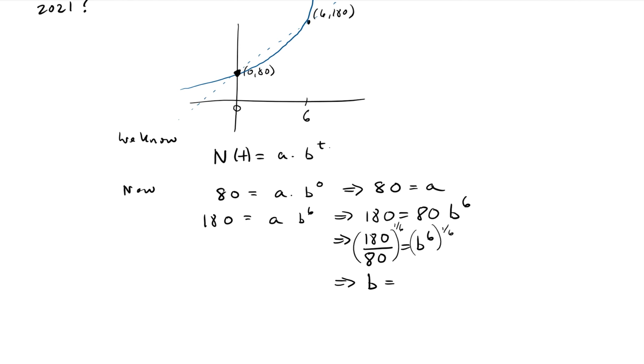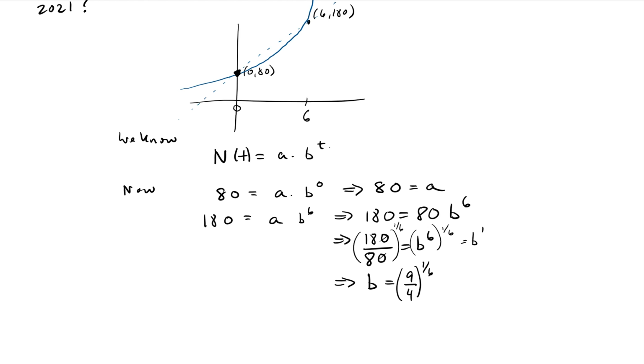So b to the 6 to the 1/6, that's going to be b to the 1, b. Okay, so b is going to be 180 over 80. So this is 18 over 8, and this is 9/4, to the 1/6.